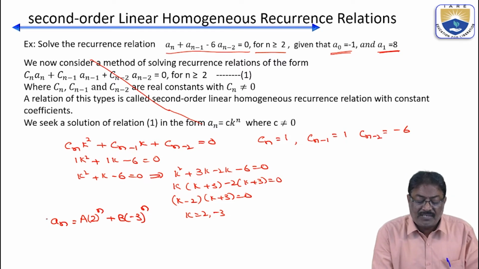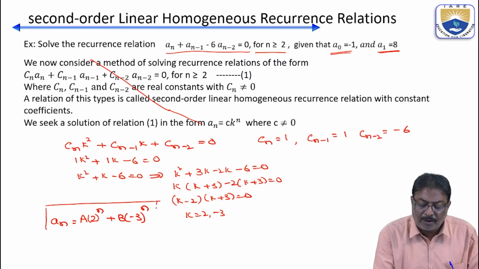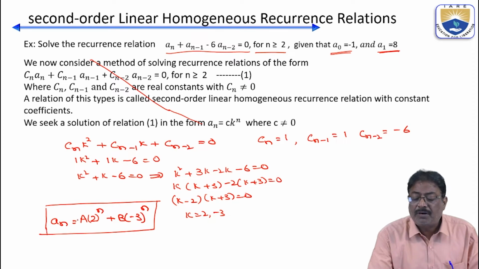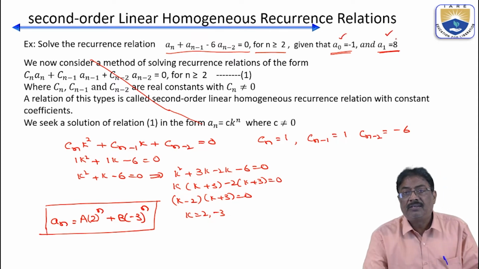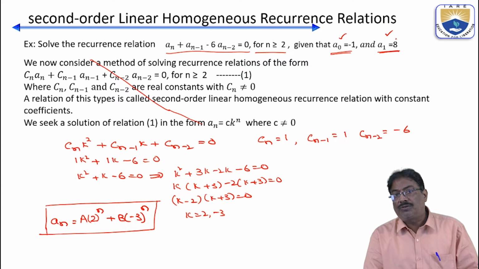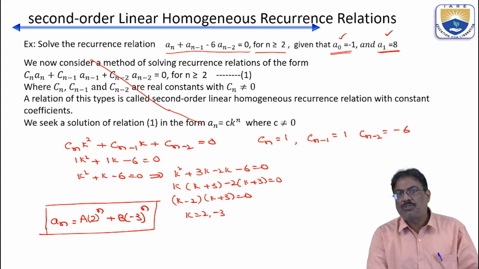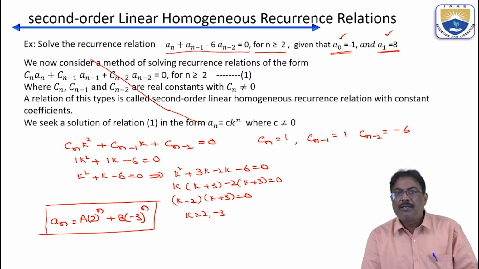Now, whenever the general solution is given and particular conditions are given, we use them to calculate the values of A and B. After that we substitute in the general solution to get a particular solution.